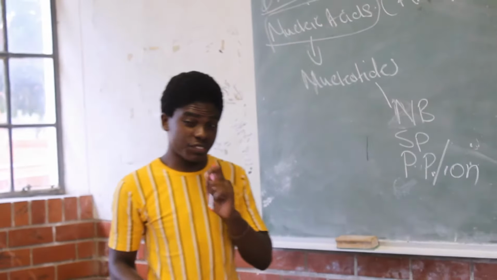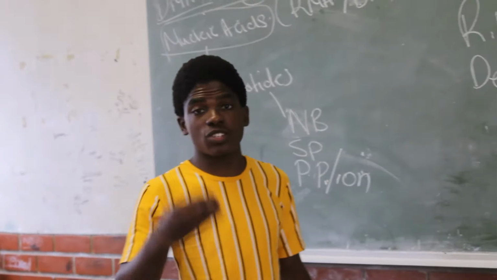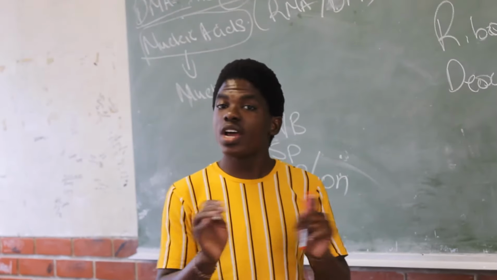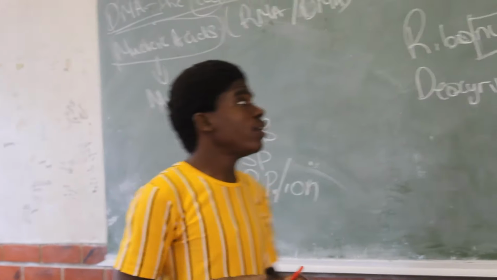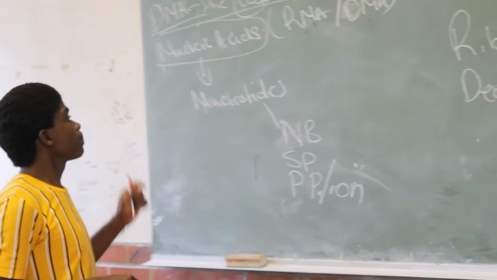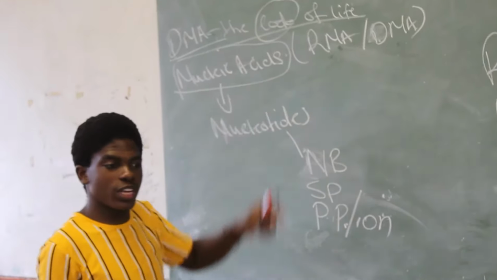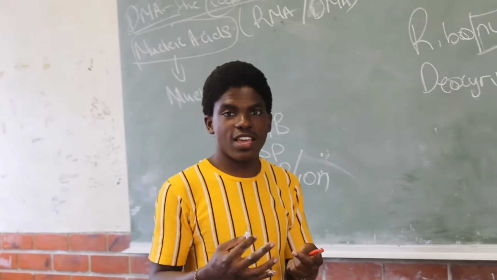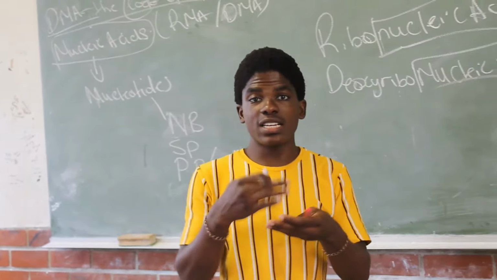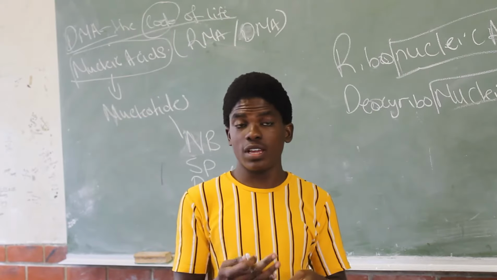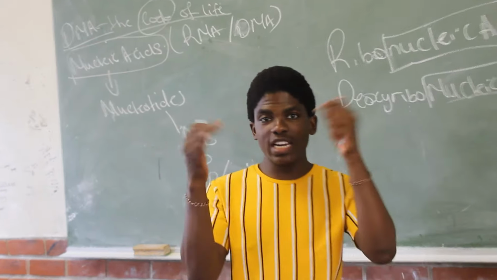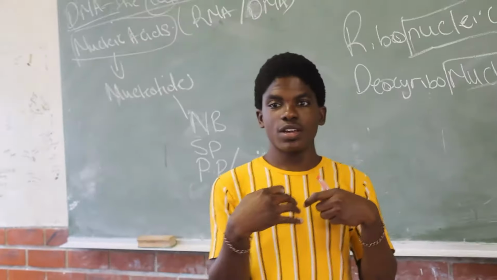I'm not going to dive deep into these topics, especially the first 10 topics. I'm just going to do a light revision on them, and then you can ask me questions later. Whenever something is there, there are things that lead to the formation of it. It's like when you are cooking, you need ingredients to make your food.